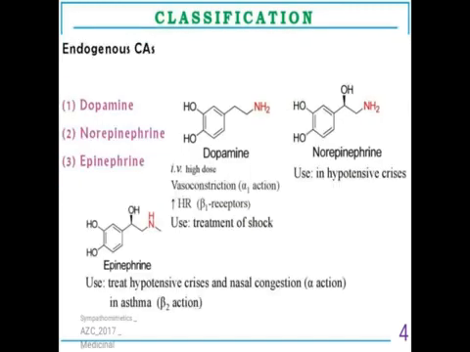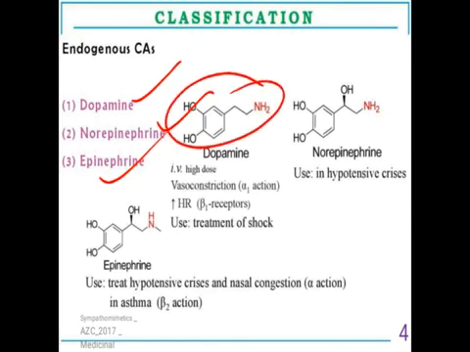Among the endogenous catecholamine agents, you can observe there are three: dopamine, norepinephrine, and epinephrine. Here you can observe the structure of dopamine. There is absence of a hydroxy group. It causes vasoconstriction through alpha 1 activity, and it increases heart rate through activity on the beta 1 receptor.